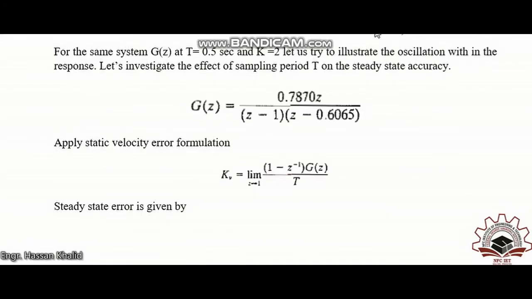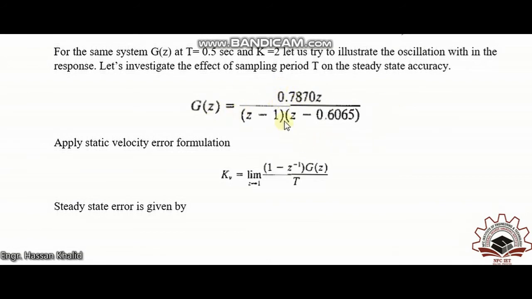Here let's try to figure out the static velocity error for the different sampling frequencies, keeping the value of the gain fixed at 2. Consider this G of z, which is the open loop transfer function of the system that is being sampled at 0.5 seconds.